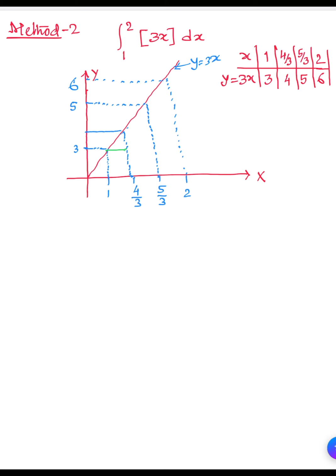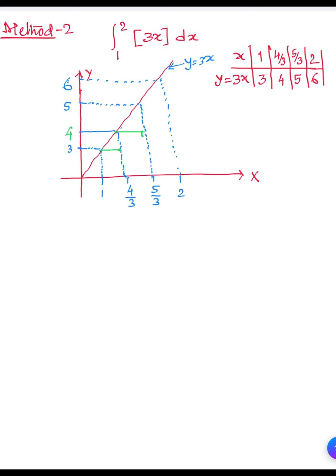This is an open circle at 4 by 3. Similarly, from 4 by 3 to 5 by 3, the value of the greatest integer of 3x is 4. Open circle at 5 by 3. When x varies from 5 by 3 to 2, the value of the greatest integer of 3x is 5. Open circle at 2.